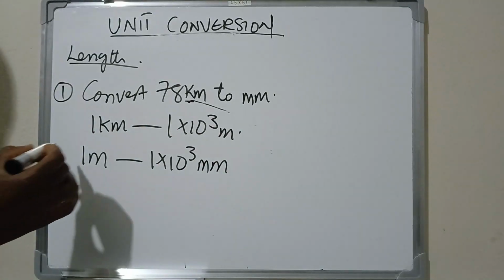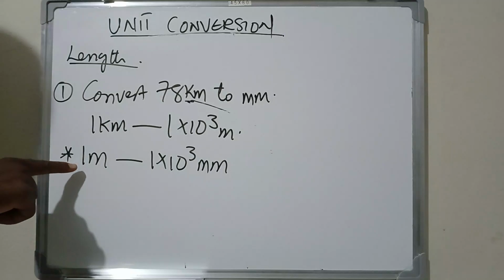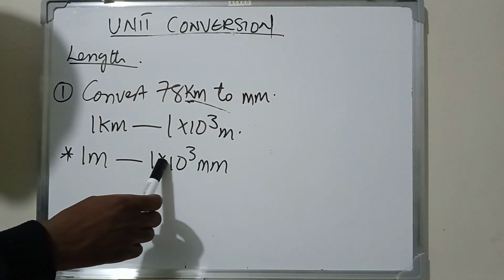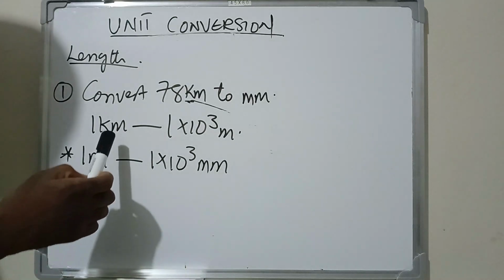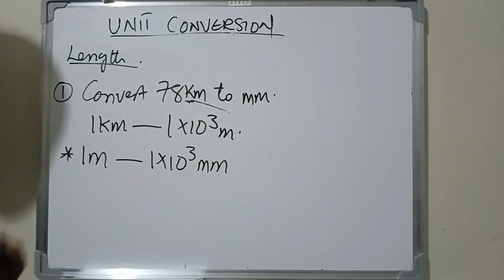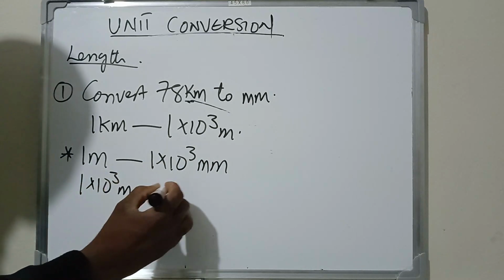Okay. Now, this is what is very important here concerning our question. If 1 meter is equal to 1 times 10 to the power 3 millimeters, what about a kilometer? What about 1 times 10 to the power 3 meters is equal to x?